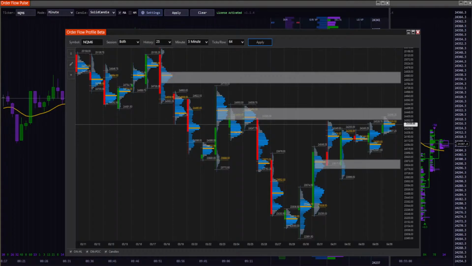Okay, everything's good. So this is what I'm looking at. I'm looking at the NQM6, that's the June. Right now, this is both sessions. This is the overnight New York session. This is both sessions. What I'm looking at is this area right here.